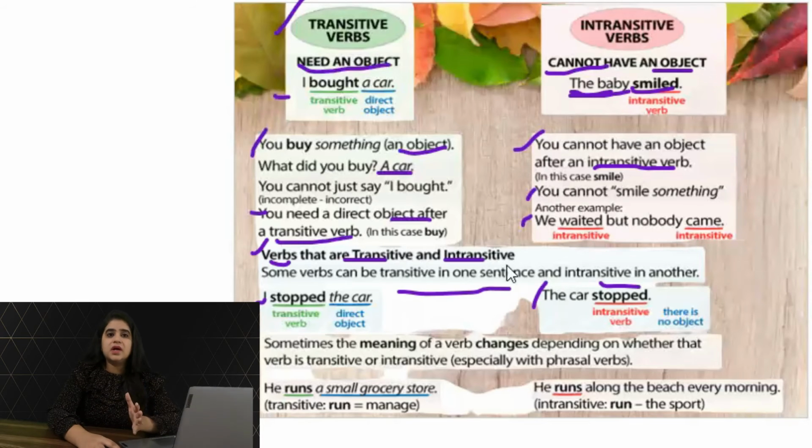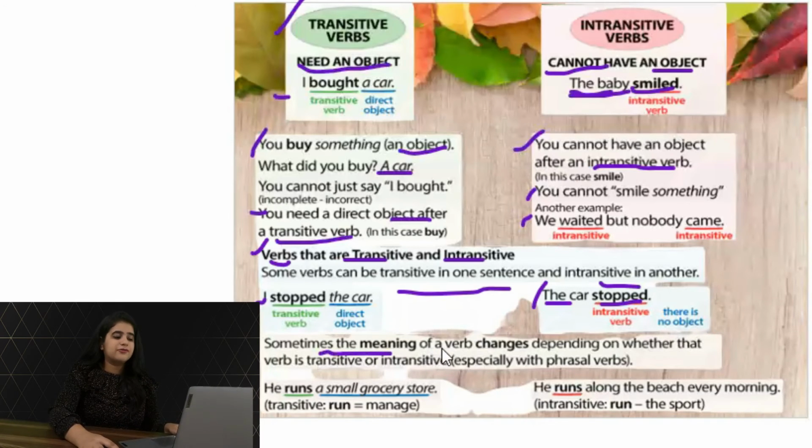Subject is the word about whom, about which we are talking in the sentence. So car over here is a subject and not an object. So if we focus, the car stopped. After the verb stopped, there is no direct object in this sentence. Therefore, stopped becomes an intransitive verb.